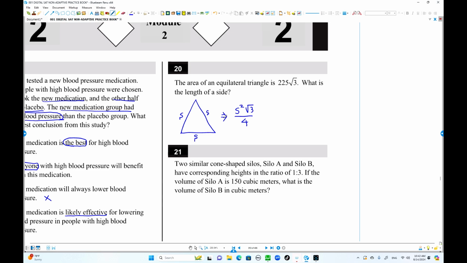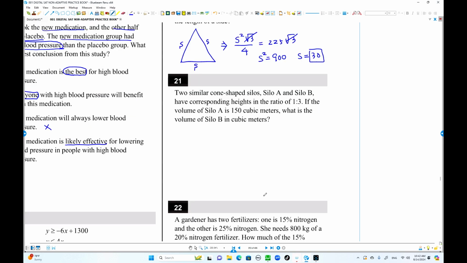You have to memorize this one. That equals 225 root 3. So root 3 cancels out. S squared is 225 times 4, which is 900. So S equals square root of 900, which is plus or minus 30, but we take only the positive, right? There's no negative distance, okay? Number 30 is the answer.